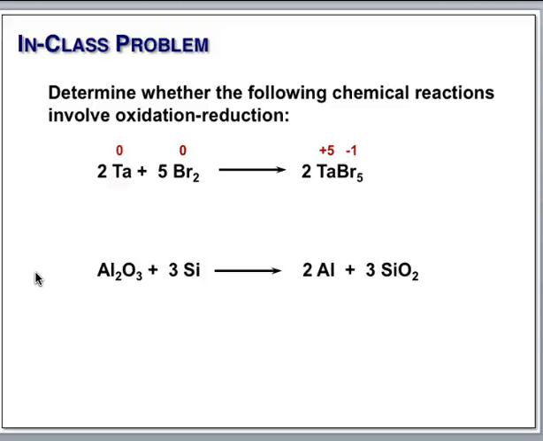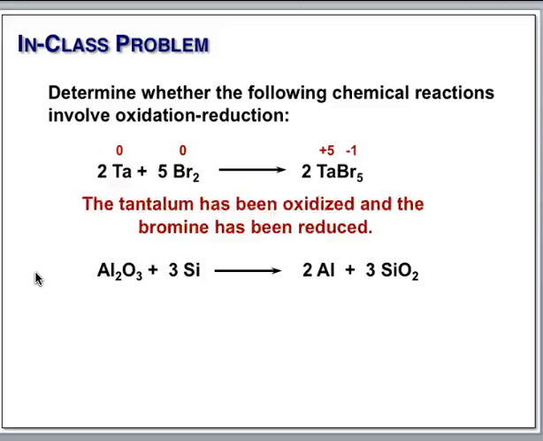Who has lost electrons? The tantalum has gone from 0 to +5. It has lost electrons. Therefore, it has been oxidized. Bromine has been reduced. See how simple that is? To our next one.